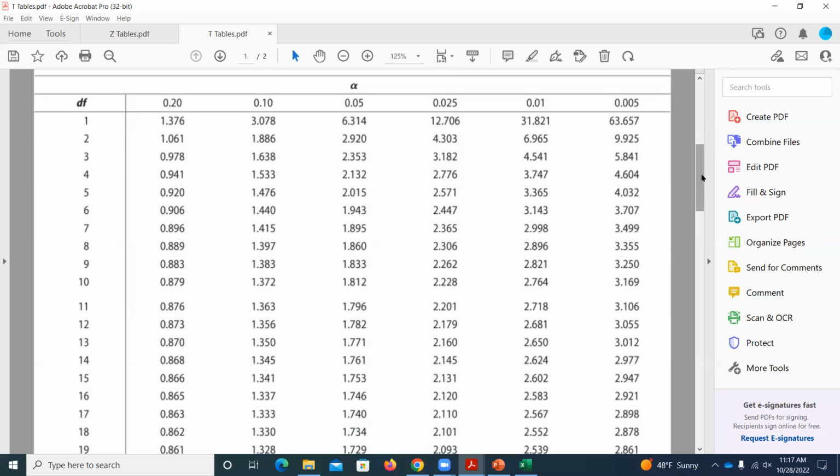But the two tables are somewhat flipped because in the standard normal, our z values, we were using the row and column headings, and then the numbers in the middle represented those areas in the left tail or probabilities. The t table is exactly the opposite. So the numbers in the middle here represent our t values, and the column headings represent the corresponding areas in the right tail. Okay? So everything's flipped now.